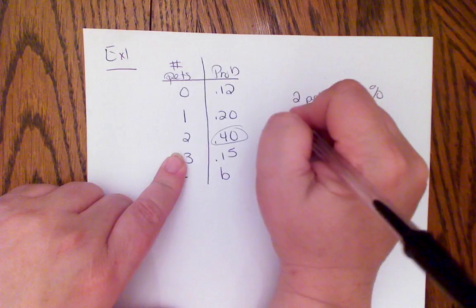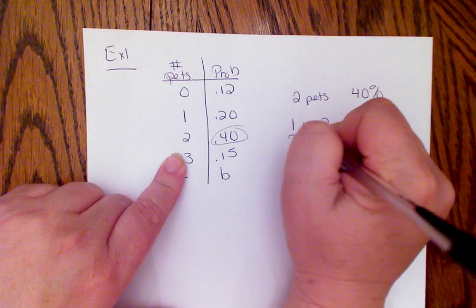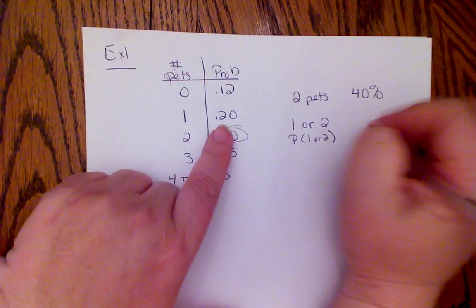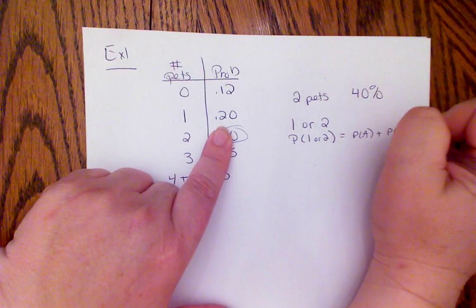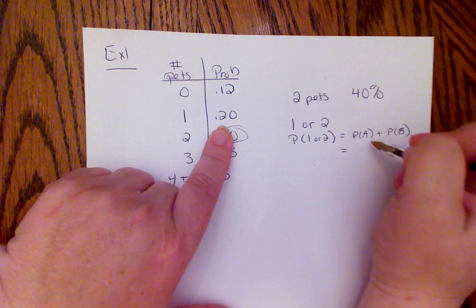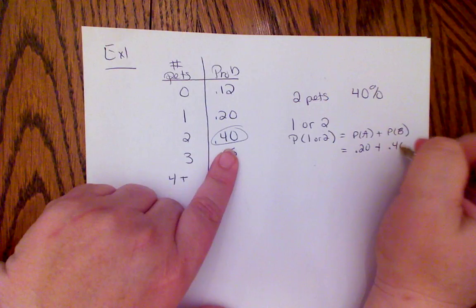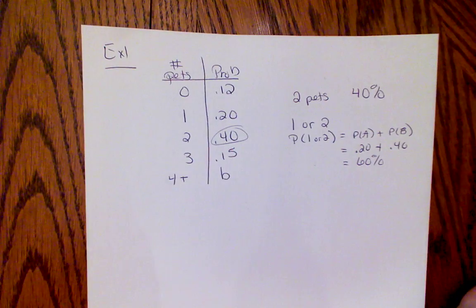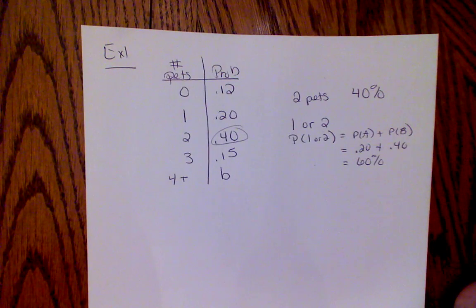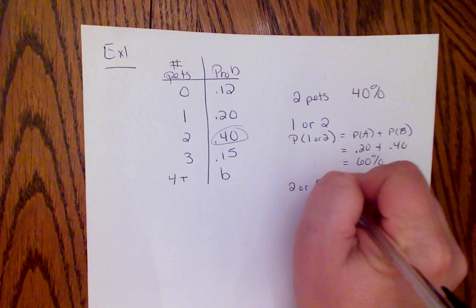What is the probability of a student having 1 or 2 pets? So the probability of 1 and the probability of 2. That's your addition rule. This is going to be 0.20 plus 0.40, so when you change it to a percent, that gives you 60%. Now, 2 or fewer pets.